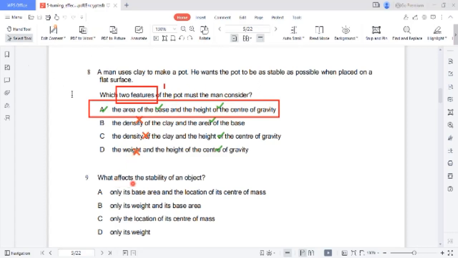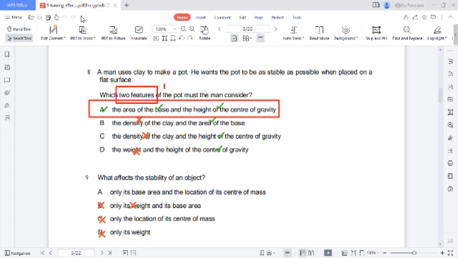Number 9. What affects the stability of an object? Again, the base area and the center of mass or center of gravity. Only its weight? No, weight has no link. Only the location of the center of mass? No, base area also matters. Only its weight and base area? There is no link with weight.